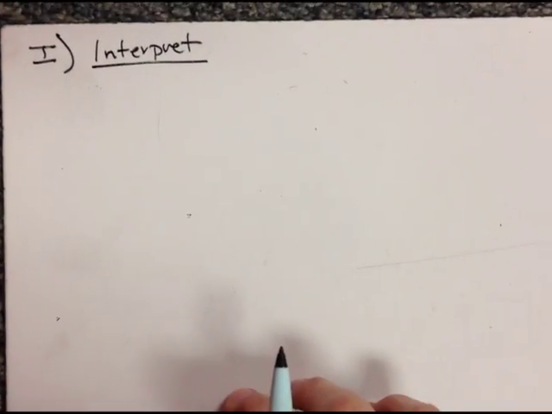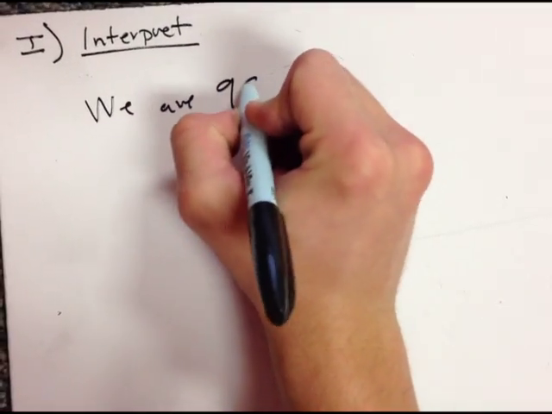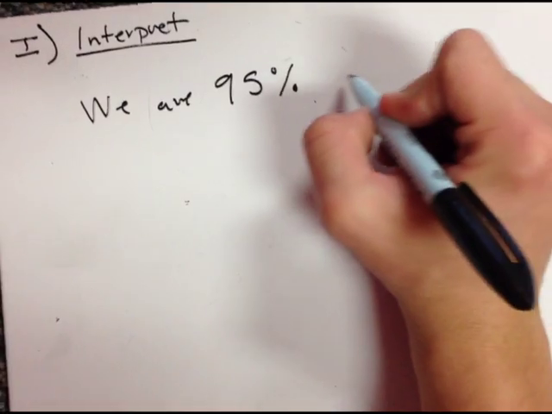For your second I in your ICCI and the final step, you just explain what you mean by a 95% confidence interval.